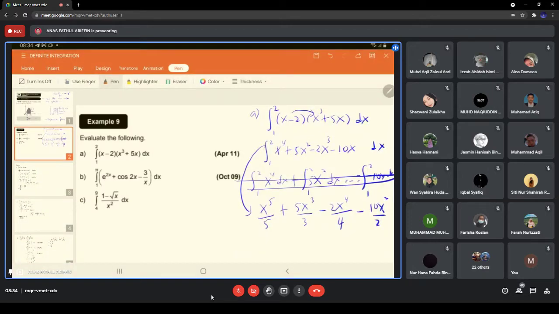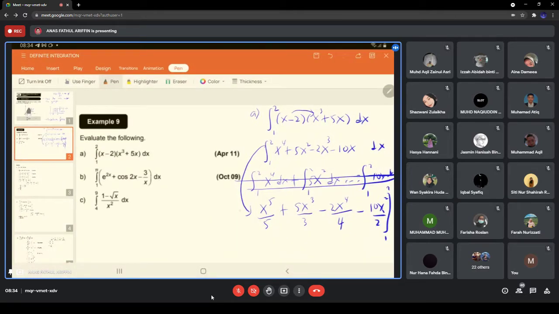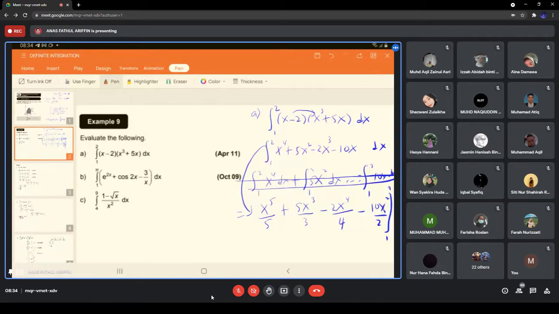Then we put the limit from 1 to 2. For definite integration, no need to write the plus C, because there is no constant; we will substitute the limits, and the constant cancels out.